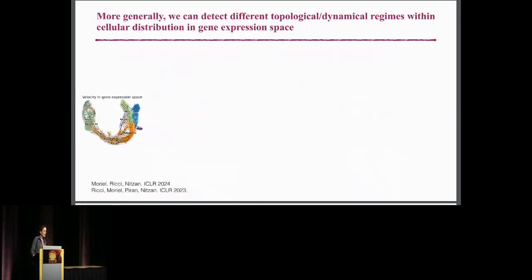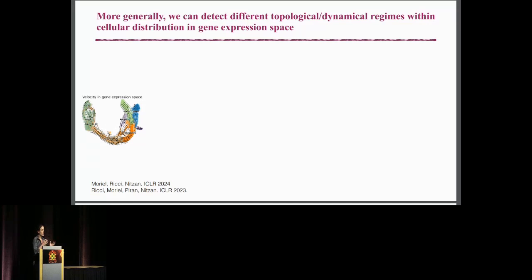So the last idea I wanted to share with you is that we can basically generalize what I told you about the fact that different topological structures, corresponding to how the cells are organized in gene expression space, correspond to different biological systems.